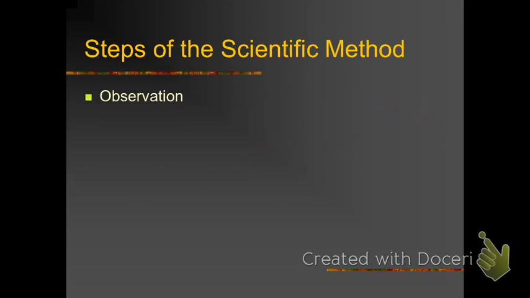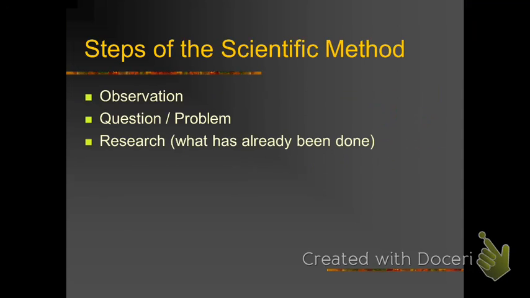The first thing you start out with the scientific method is you make some kind of observation. You acknowledge some kind of problem that you have seen. Next, you come up with that question or that problem. Next, we do research as to what has already been done about that problem. Research what other scientists have done, maybe research online to see if there's some kind of problem guide.